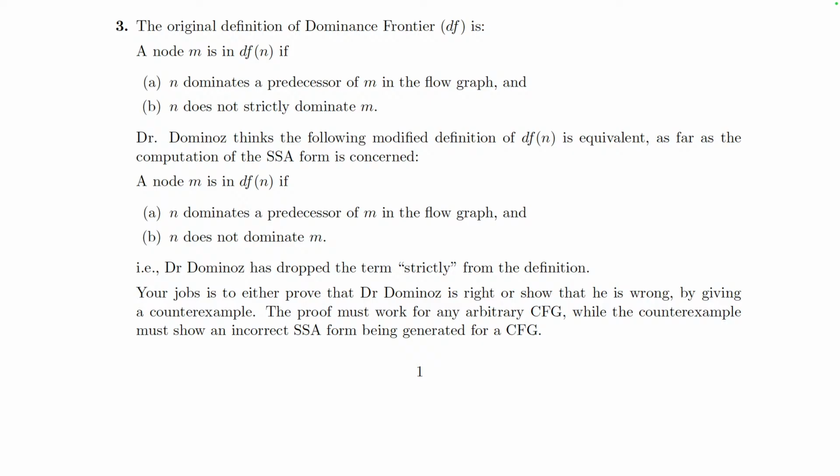So the 2 will produce a different answer. And look at this, in this case M is 2, N is 2, the predecessor of M or N is also 2, so the single node is playing all the roles, and that is why it is important to have not strictly dominate. Okay, so please complete this exercise.